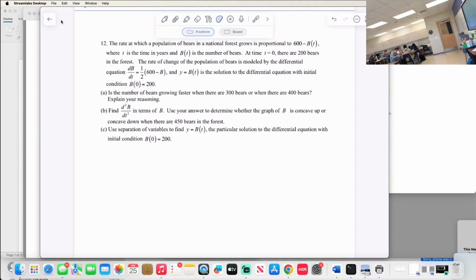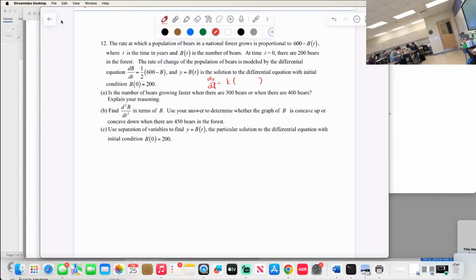This is a question on the 2012 FRQ. They're talking about bear population. Some people say I don't understand what the rate of change modeled by a differential equation means, or what it means to grow proportionally to 600 minus B of t. Usually you don't have to worry about it, because if it's proportional to something, it will be dy/dt equals k times something.